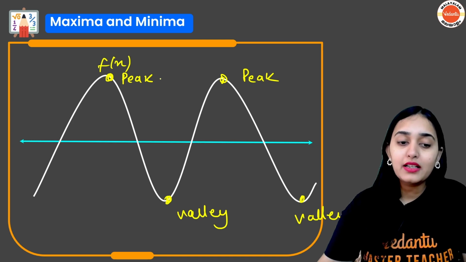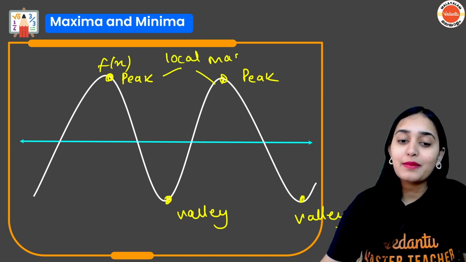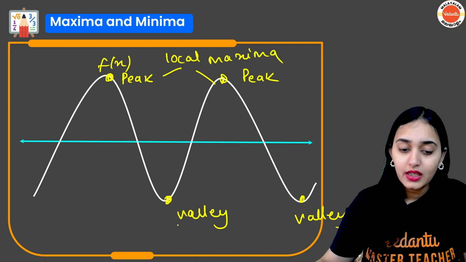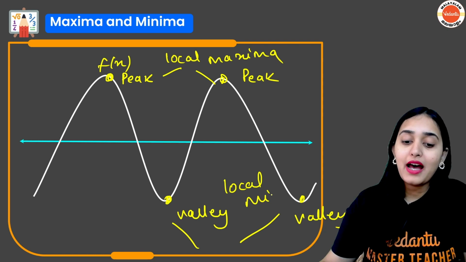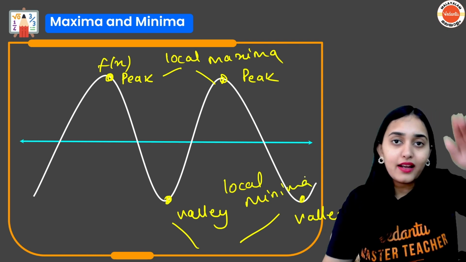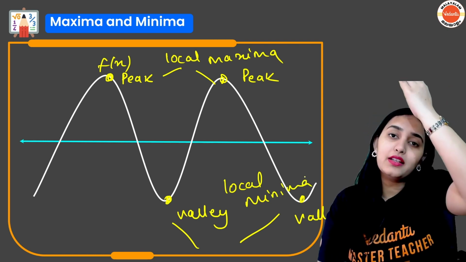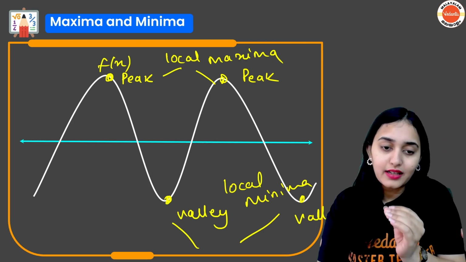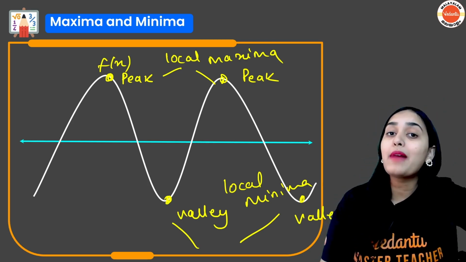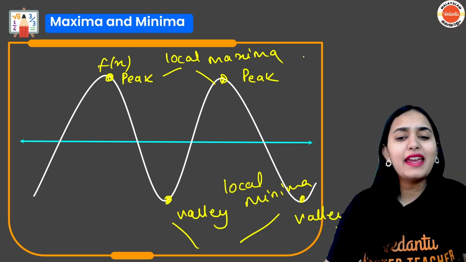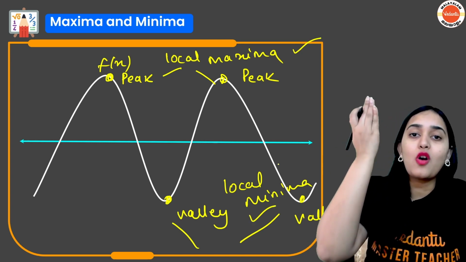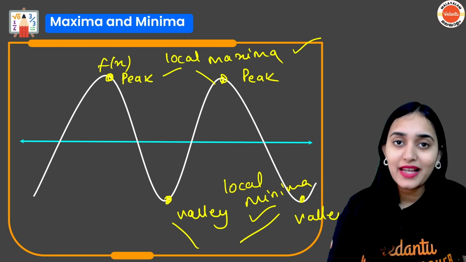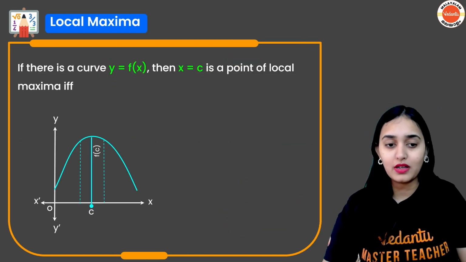So, this peak is called local maxima. These points are called local minima. They are the least. Then after that it is increasing. Then it is reaching a least value. Then it is increasing. So local maxima, local minima. They are like class toppers and class last toppers. Like who come first from last. Okay. So they are local maxima and local minima.